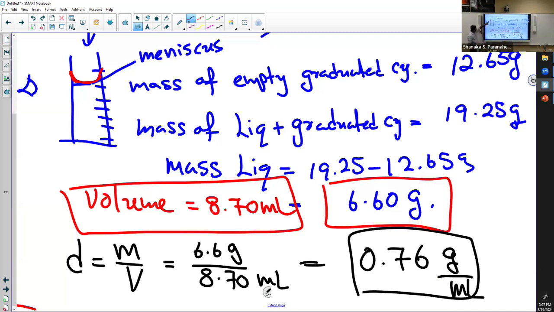Okay, so if we use 8 milliliters or 16 milliliters, this answer is not going to change. It's going to be the same value, or close to a value like that, because density is one of the intensive properties. It's the mass of unit volume. Since we divide by the volume, it's the mass of a unit volume.